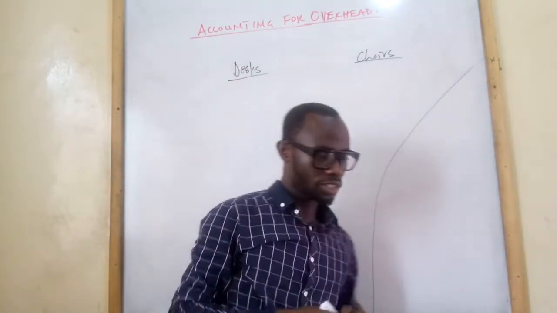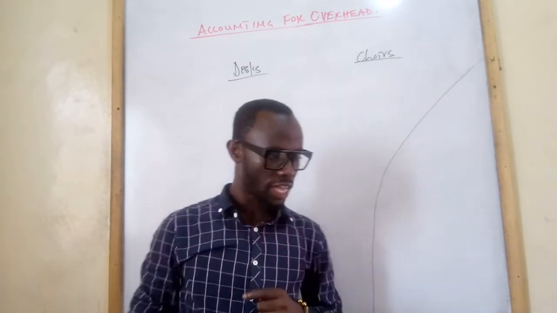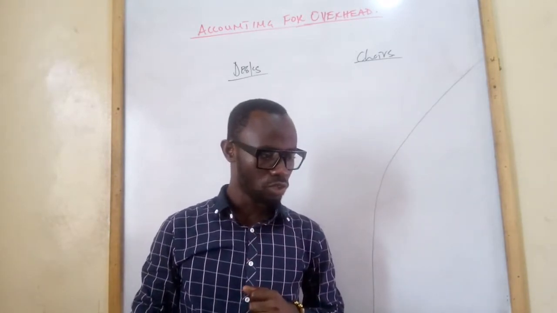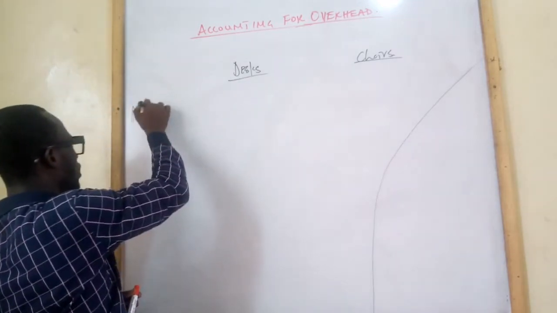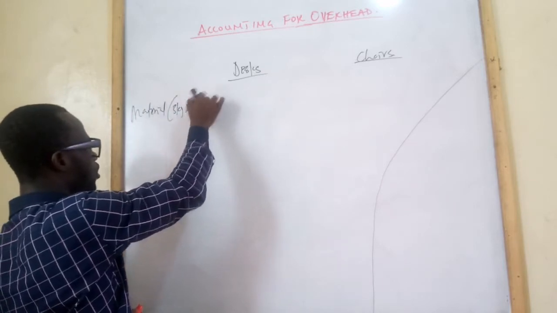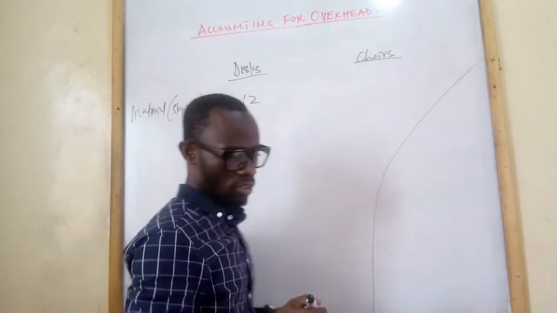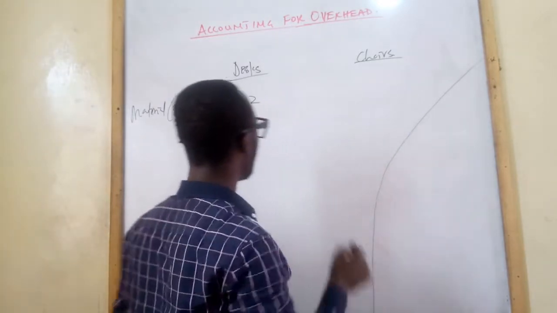We are told in the question that the per unit of desk is 3 kilograms of wood, costing $4 per kilogram. So that is going to be material. So material will be 3 kilograms by 4, and that's going to be 12. For the chair, we are told 2 kilograms costing $4 per kilogram.